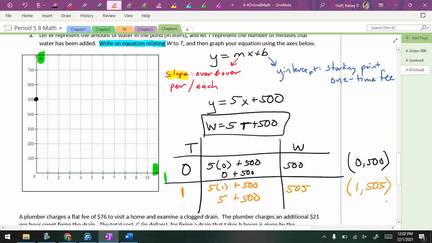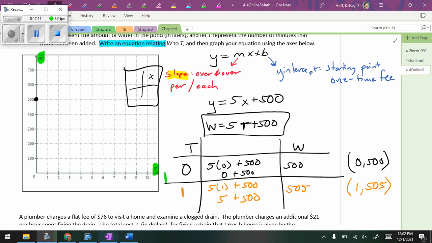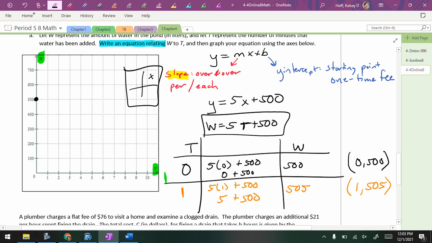1, 505. Okay, but I'm going to tell you, if you take your mouse, it's only going to let you put it on these perfect grid lines, yes? So you're like, how am I supposed to graph this? On Alex, there's a button. It looks like this with an X here. Have you ever seen this button before?